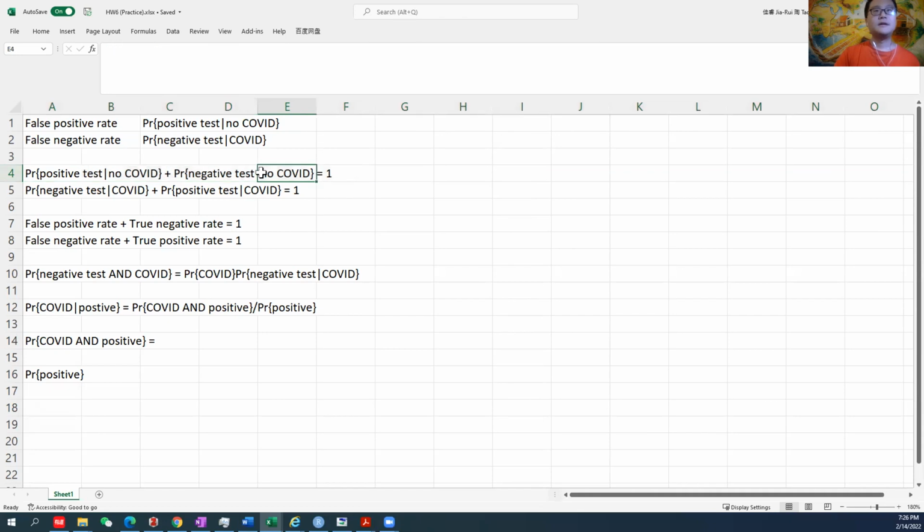Therefore, the remainder for people who did not have COVID but get a negative result would be this much. So these 2 things should sum up to 1. Do you all agree here? Any questions so far?